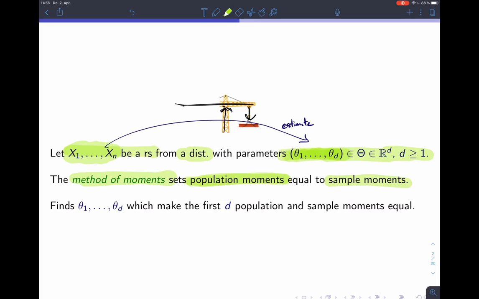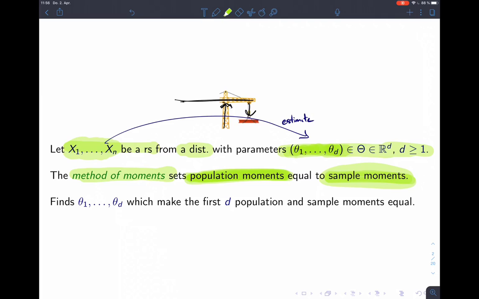So we've learned about moments before in terms of like the expected value of a random variable, the expected value of the square of a random variable, and so on. Those are going to be like the population moments, and those population moments have sample versions, and we'll see what those look like in a second.